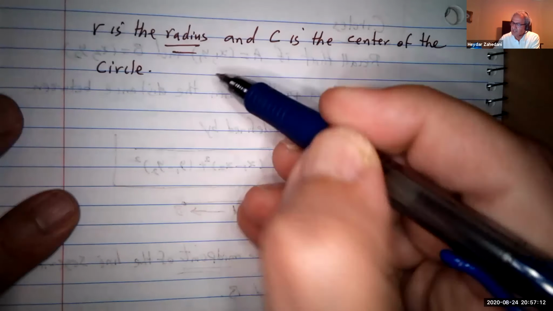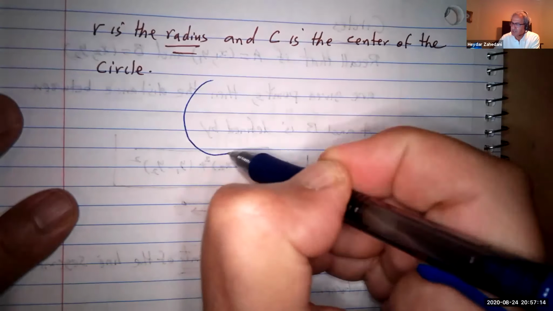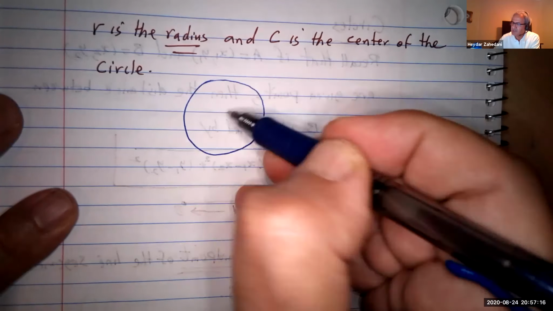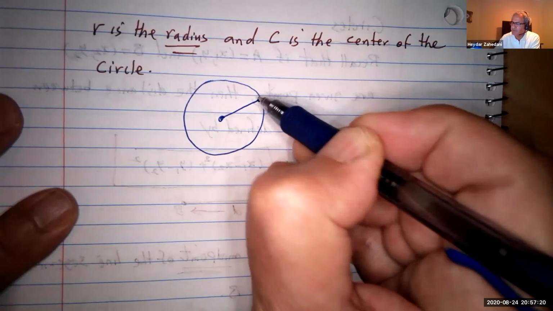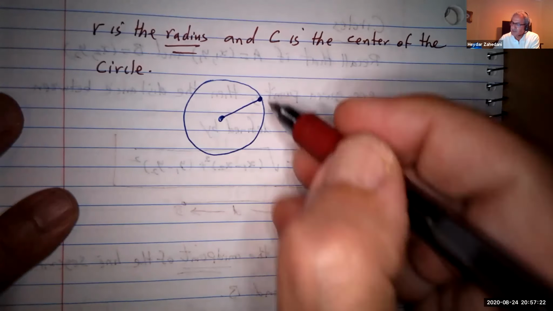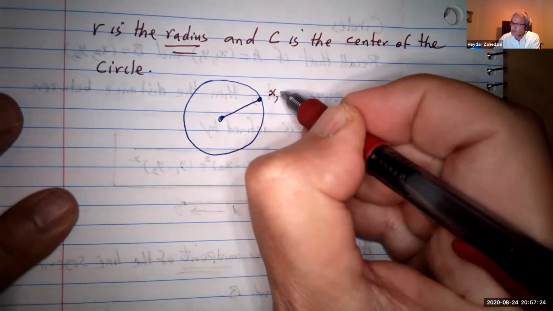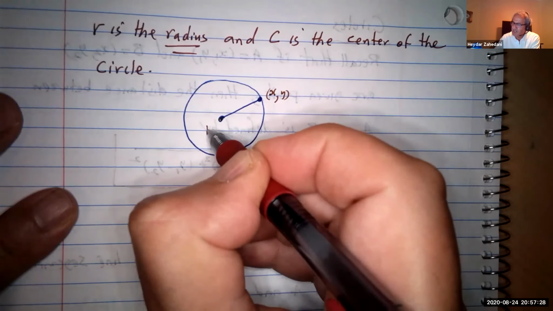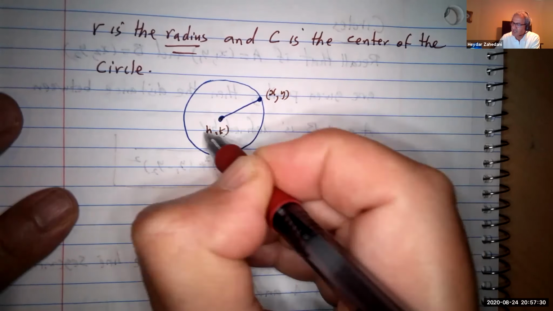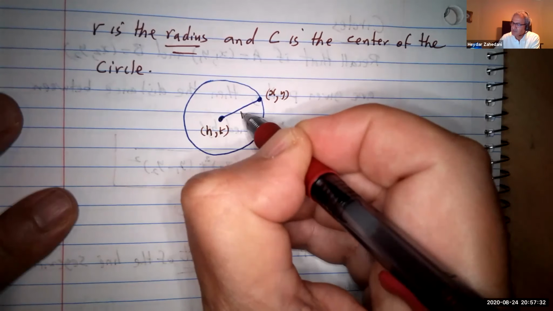I write it down again over here so I can have it. So I have a point here, the point x, comma, y, and I have a point here, h, comma, k. And the distance in between is r.